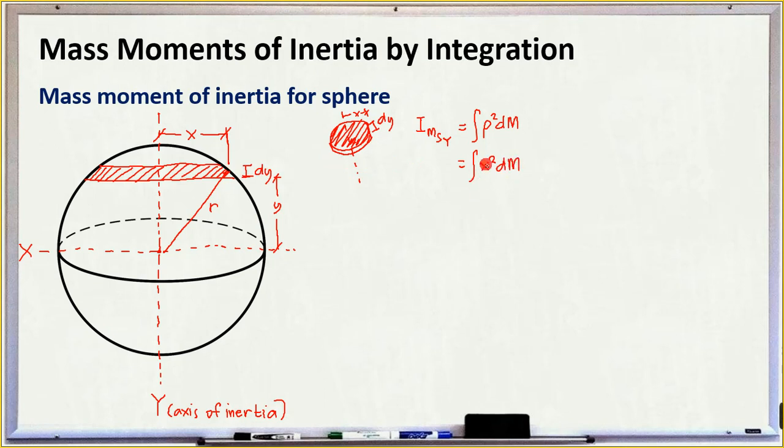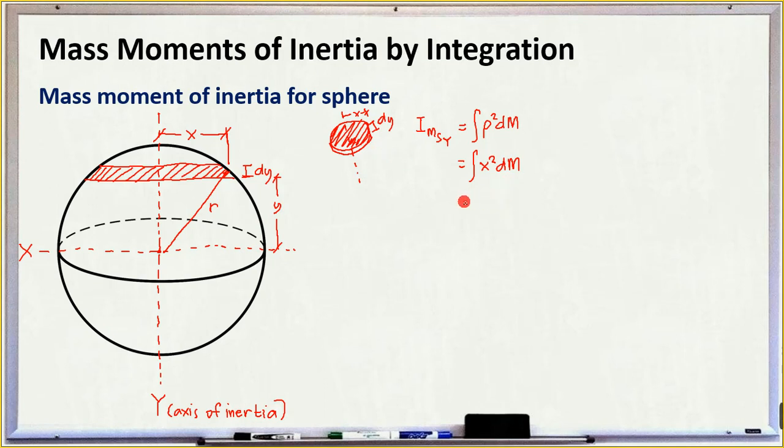Now we are going to solve for the mass of this small cylindrical shape.